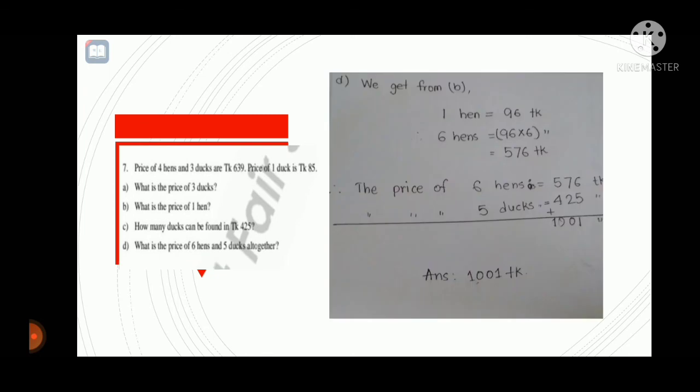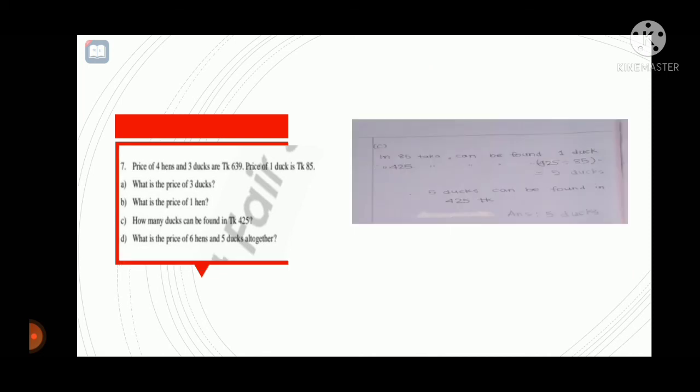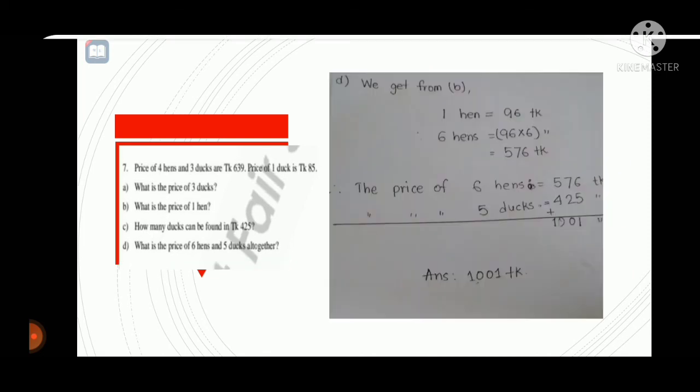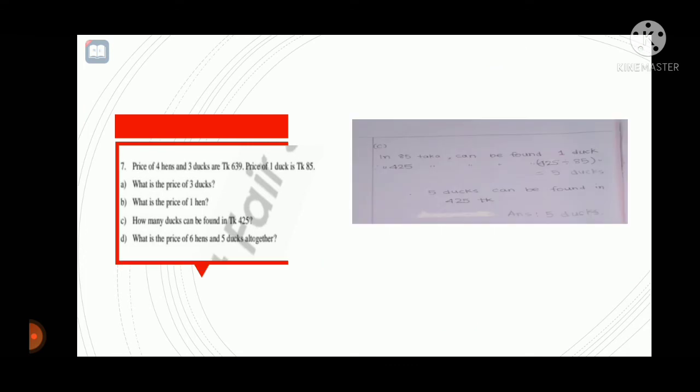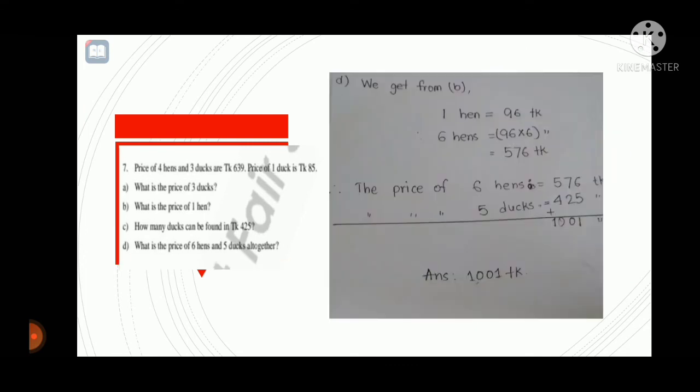Okay, then 7D we get from B. The question was what is the price of 6 hens and 5 ducks altogether. So we already have the 5 ducks price, that means 425. Then we have to just bring out the 6 hens price.